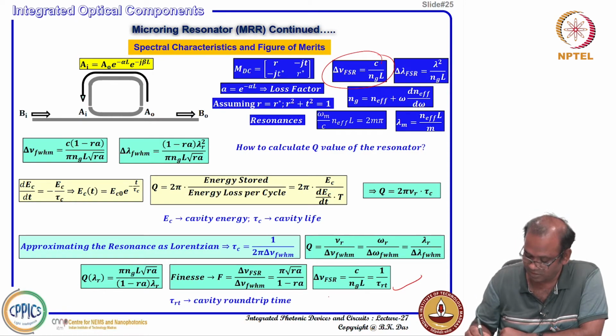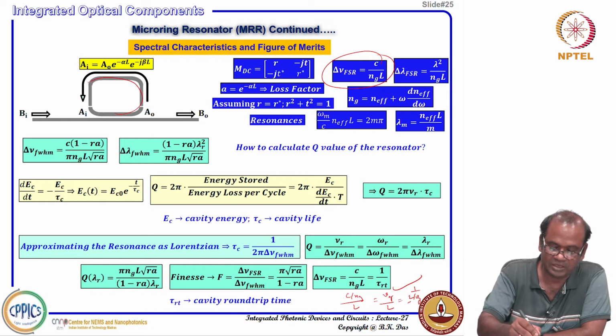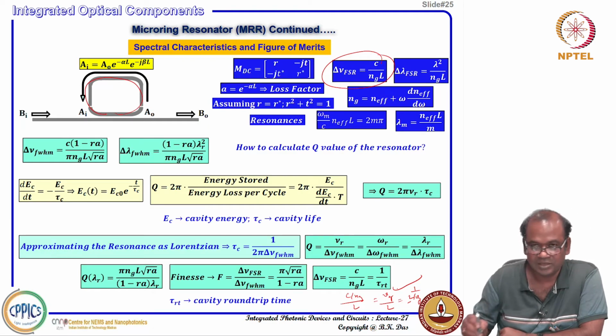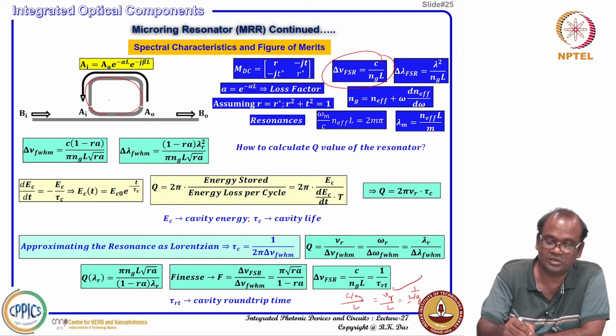What is tau RT? Here c by n g by L: c is the velocity of light and n g is the group index, so c by n g equals V g, the group velocity. In that case you can write 1 over L by V g. L is the total perimeter of the ring, divided by V g, the group velocity, that is, the velocity at which the information or data travels inside the ring.